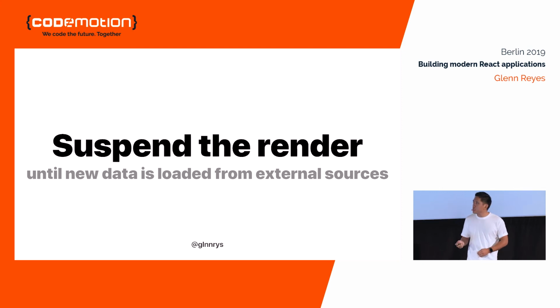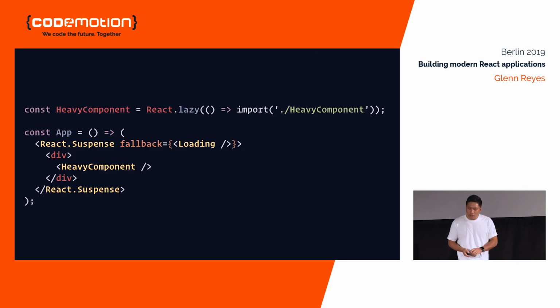The general idea is to allow components to suspend their render, for example, if they need extra data loaded from external sources. So once all the information is there, React will retry to render the component and render what you wanted. So here's how to use suspense with code splitting.